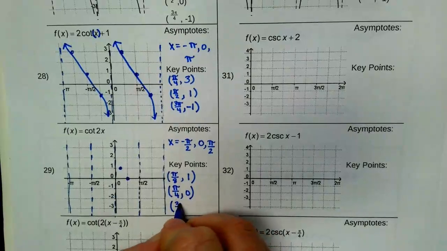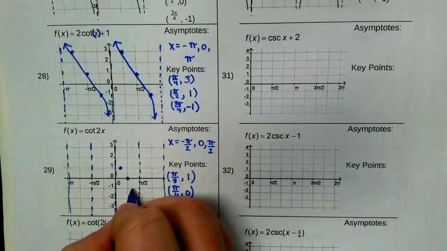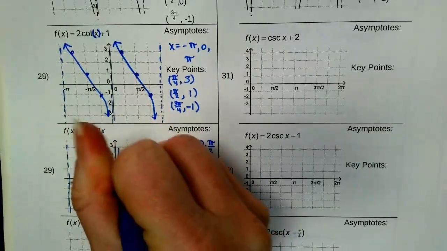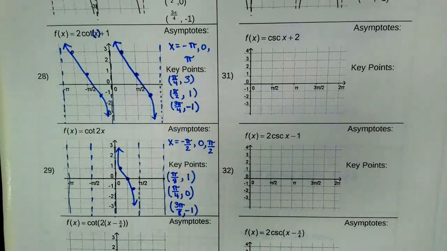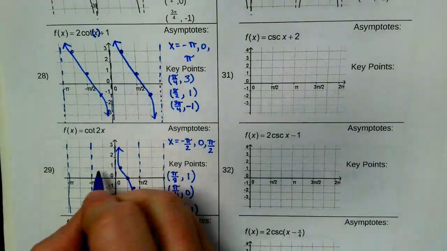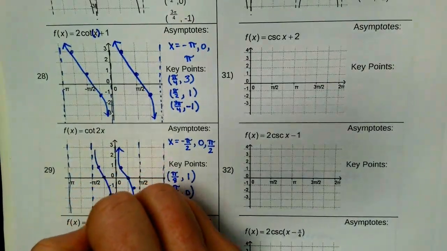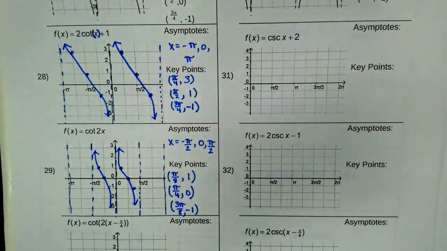And then 3 pi/8, -1. And again, once you know the pattern, you could repeat the pattern next to it because you know what it looks like. You can repeat it over and over again. You don't have to. If you just do 1, I know that you know that it's periodic and it's going to repeat itself.